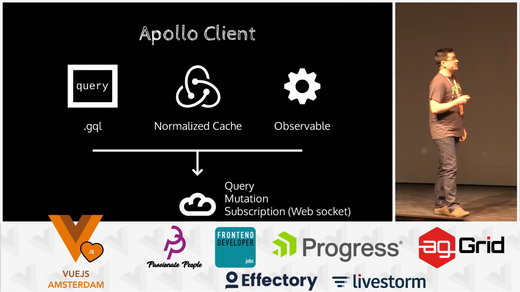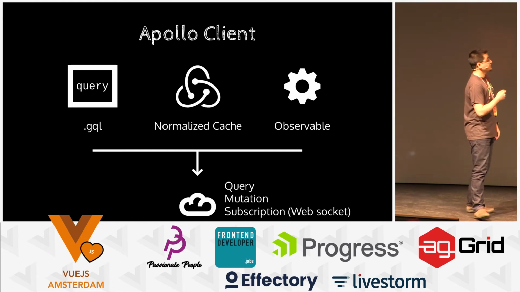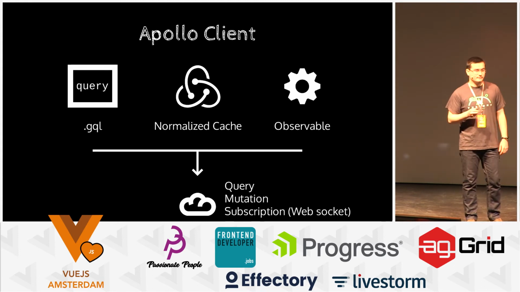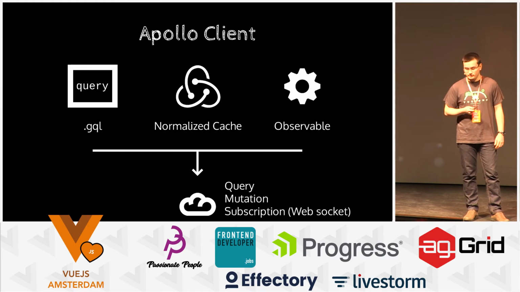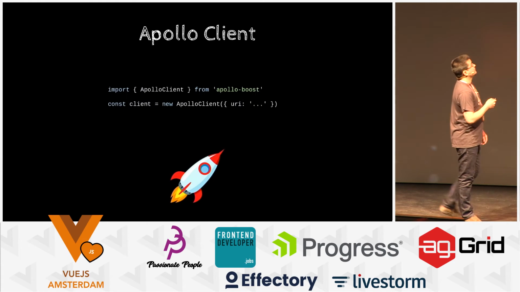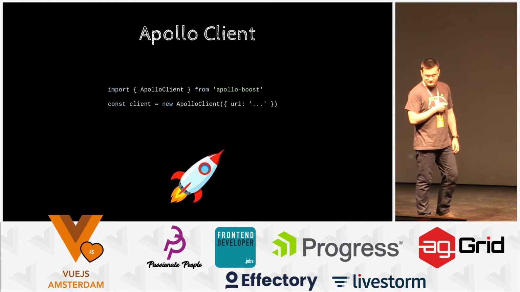The other part of Apollo is obviously the client. It has a lot of features, like a normalized cache, which is quite smart at caching your requests. And you can use it like this. So pretty simple.